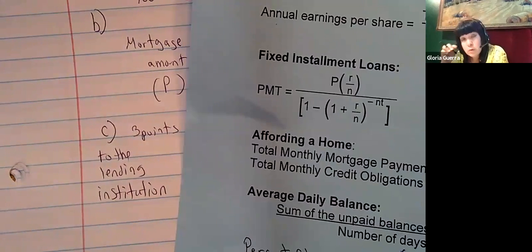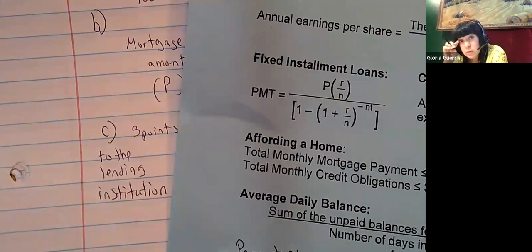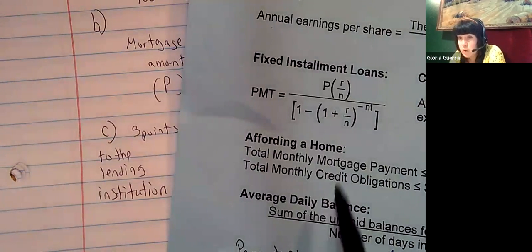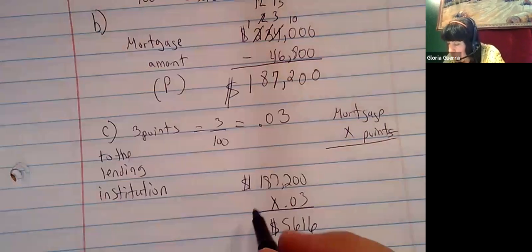In case you need to explain to somebody about the points, you would have an idea that goes to the lending institution. How much are you paying? But this is the same practice as what we did with the car. We're using this formula again, so there wouldn't be a need to go all the way through on that. But I'll have to look at that on the test.